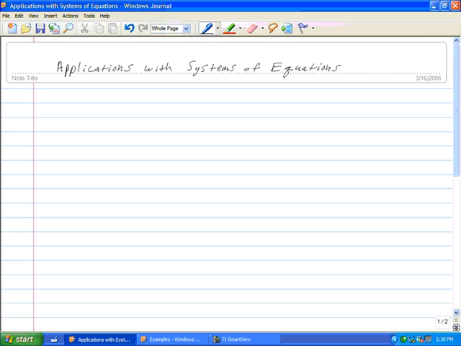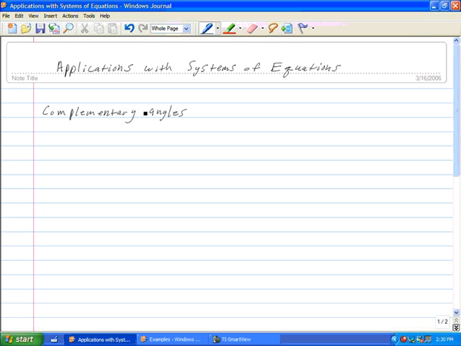One problem type would be a geometry problem. In the past, you've worked problems that dealt with, say, complementary angles. Well, complementary angles, by definition, are angles that add up to be 90 degrees.